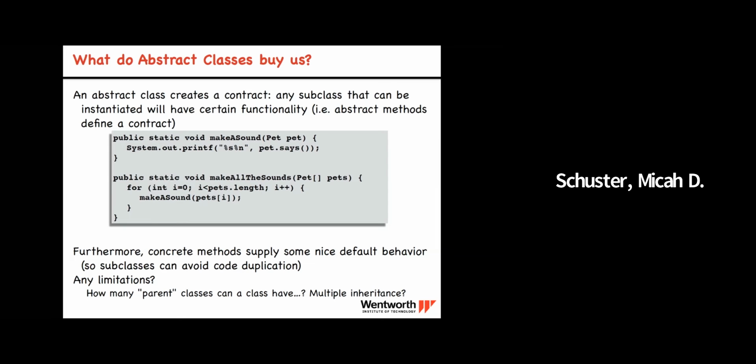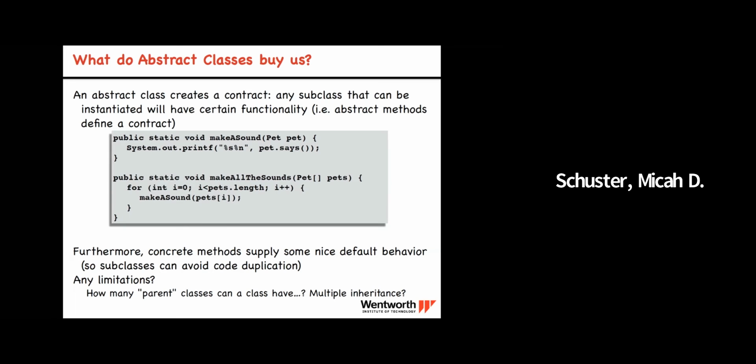Now, there are some limitations to this. You might ask this question: how many parent classes can a class have? Obviously, in the world that we live in, we have two parents. So how many parent classes can a child have?